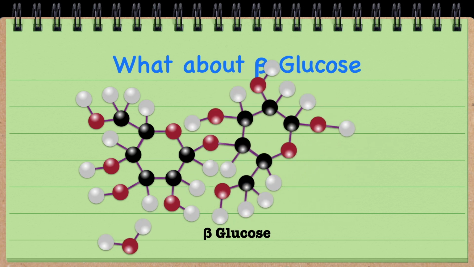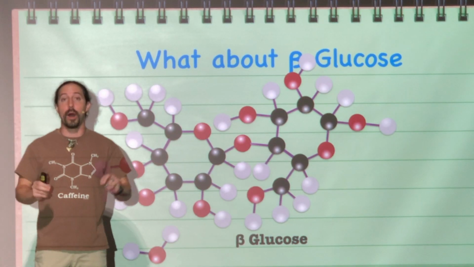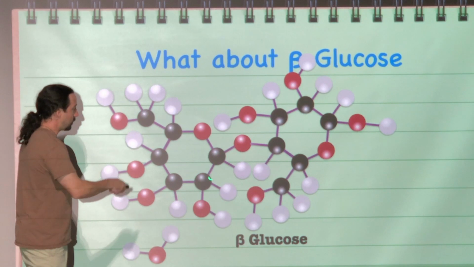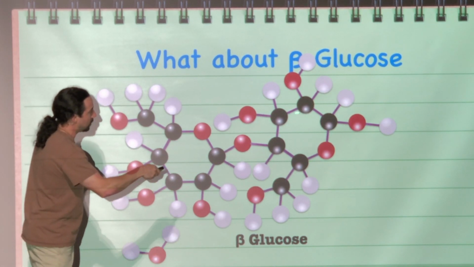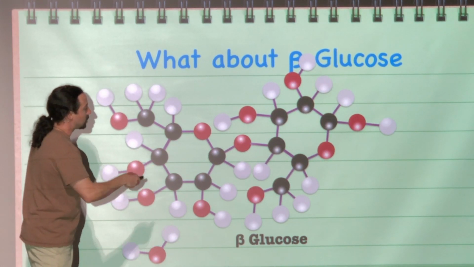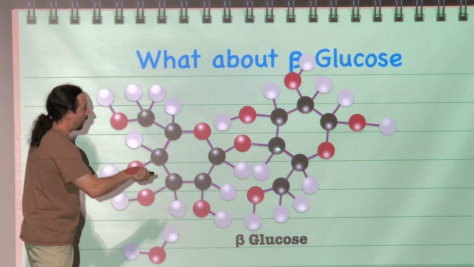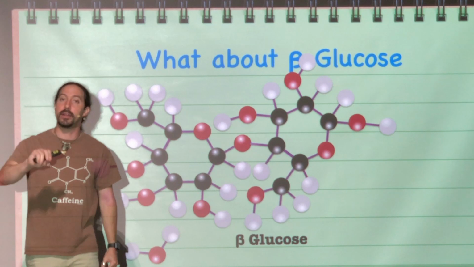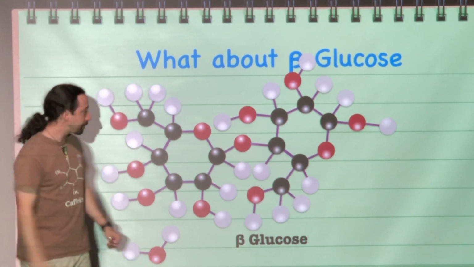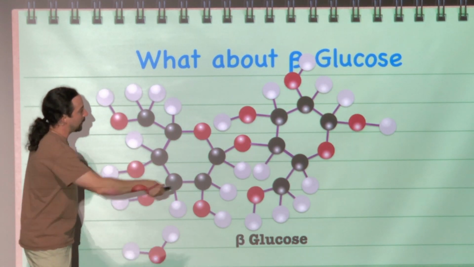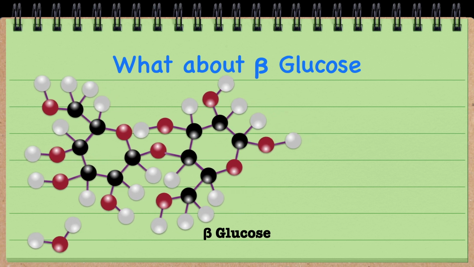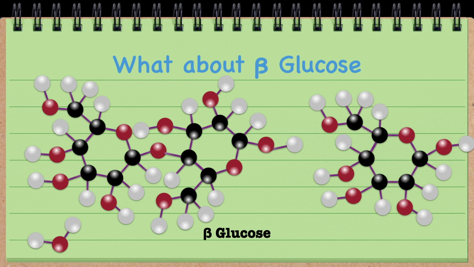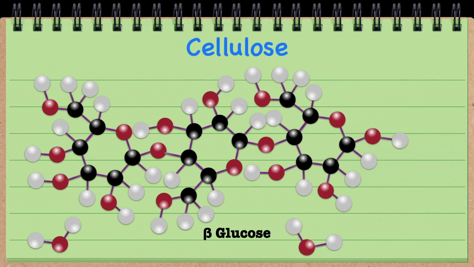And there we go. Now, this is still a 1,4 linkage. This is our 1 carbon, and this is our 1, 2, 3, 4 carbon. So it still is a 1,4. But instead of being an alpha 1,4, this is a beta 1,4 linkage. And then we can bring in another beta glucose, and that beta glucose will come in and bond, and it's still a 1,4 linkage.